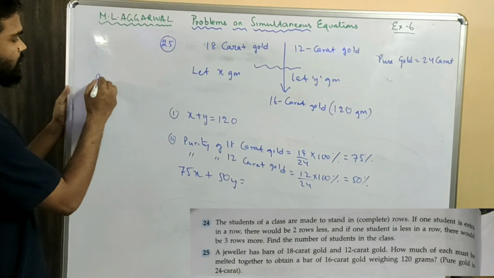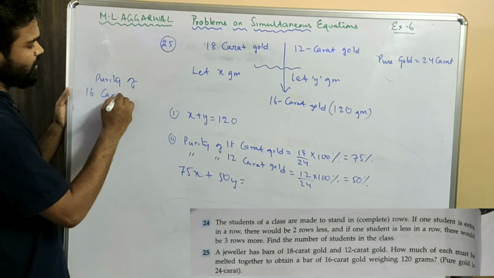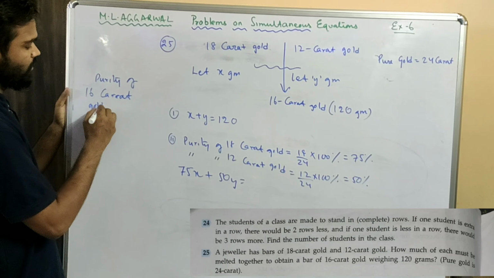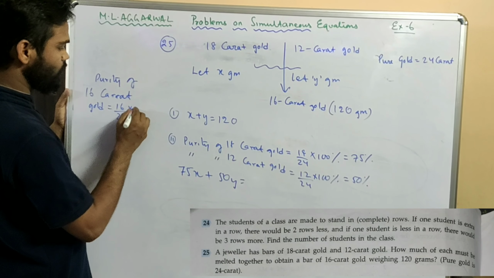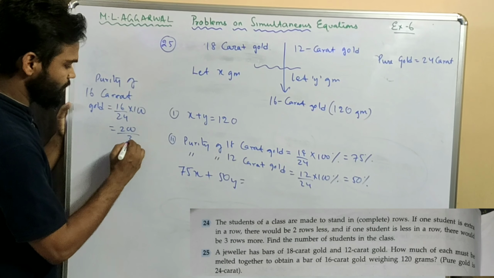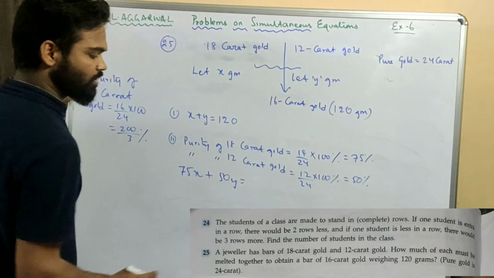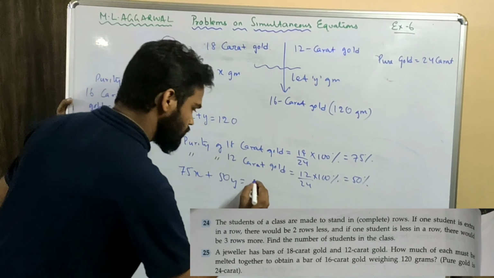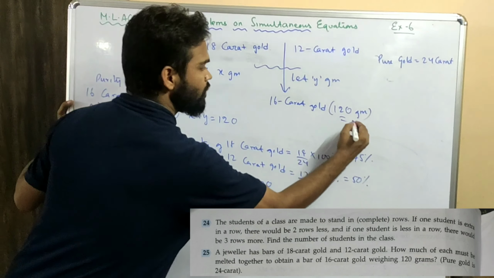Purity of 16 karat gold will be 16 by 24 into 100, which is 200 by 3%. So 75% of x and 50% of y will give you 200 by 3% of 120.